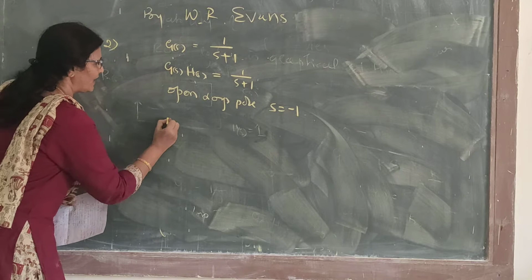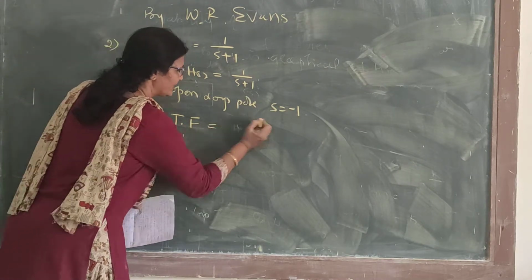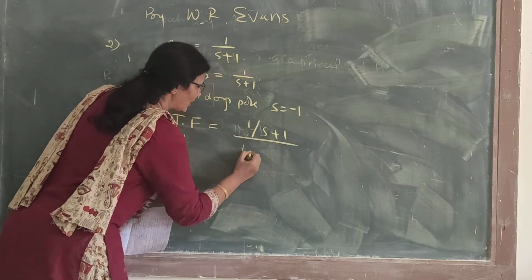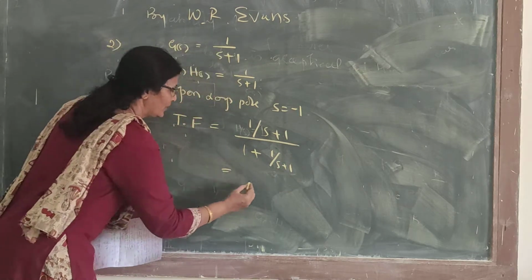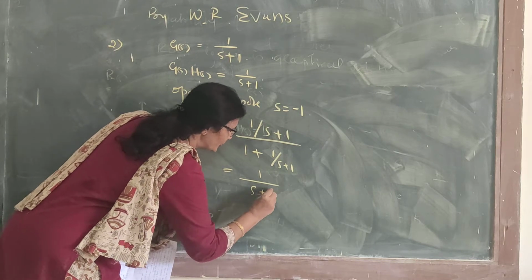Similarly, I am going to evaluate the closed loop transfer function. That is 1 divided by s plus 1, divided by 1 plus 1 by s plus 1. It will be 1 divided by s plus 2.